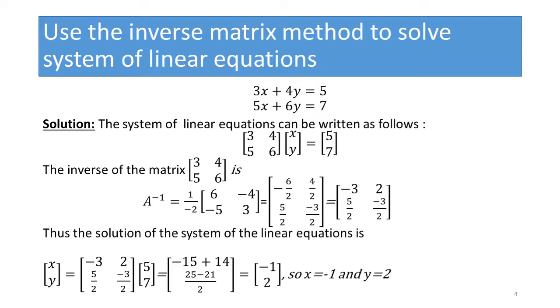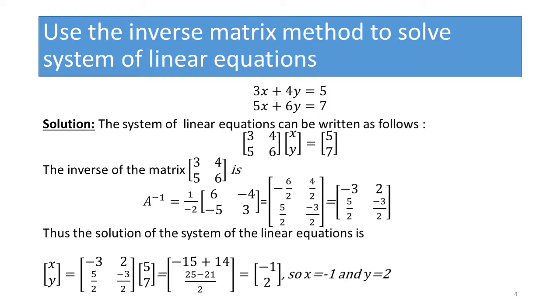So now we have to find the solution for the linear equation. I know A inverse now, I know B. You know the formula for finding the solution is x is equal to A inverse multiply B. So x is a matrix, that is x, y, within a bracket.